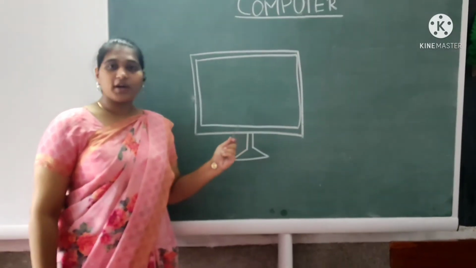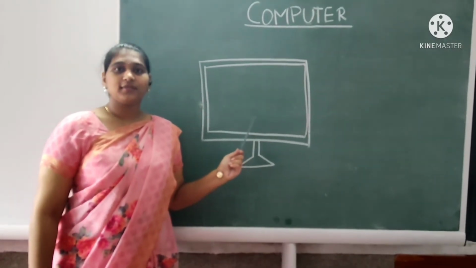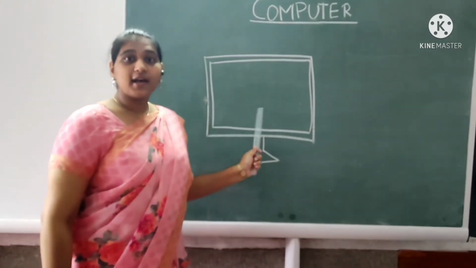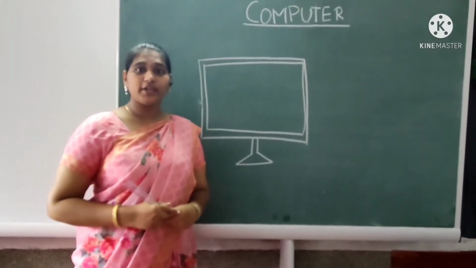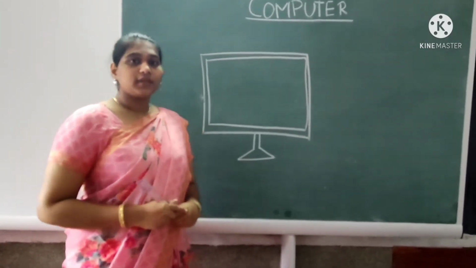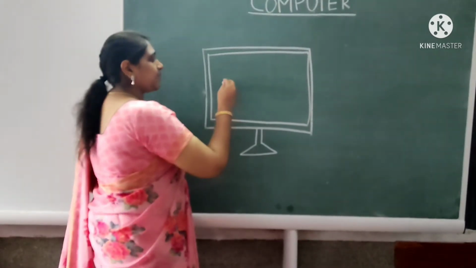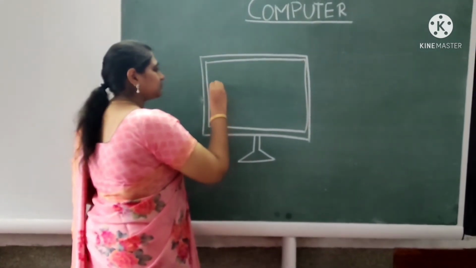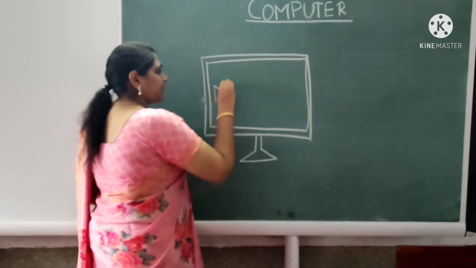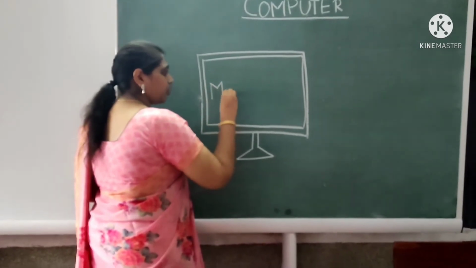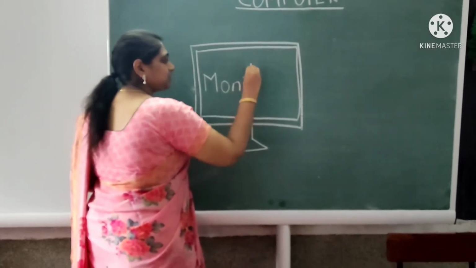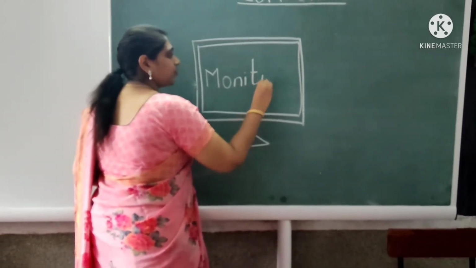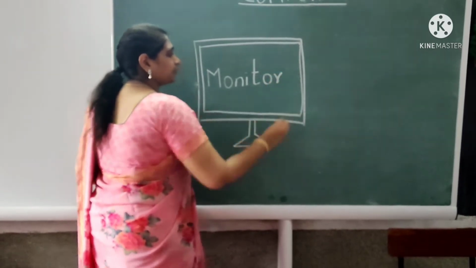Children, do you know what this is? Yes, this is a monitor. But children, do you know the spelling of this monitor? Let's see. The spelling of the monitor is M-O-N-I-T-O-R.